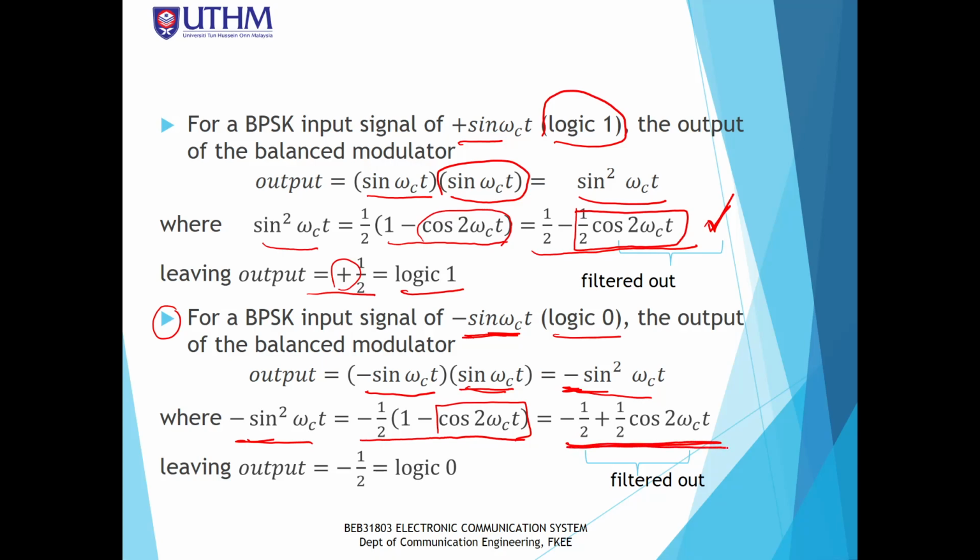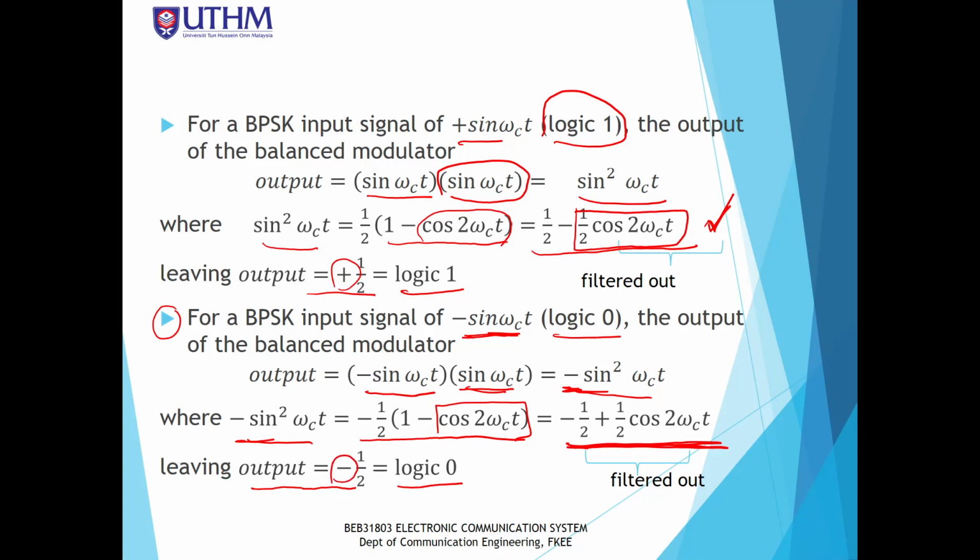We have two components, high frequency and low frequency, and we put them inside the low pass filter. What happens is that the low pass filter will remove cos 2 omega ct. So therefore we produce the output of negative 1 over 2. Negative 1 over 2 is represented by logic 0 because the value is negative.